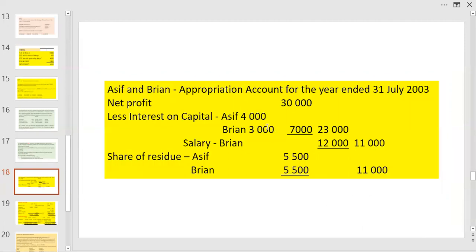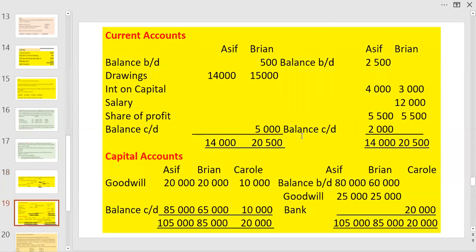Look at the columnar form of the current accounts of partners, to which, in addition to the details discussed, drawings of 14,000 and 15,000 respectively have been deducted, arriving at new balances. Now the adjustment regarding goodwill. Goodwill account debited, crediting the existing partners, that is Asif and Brian, 25,000 each equally.